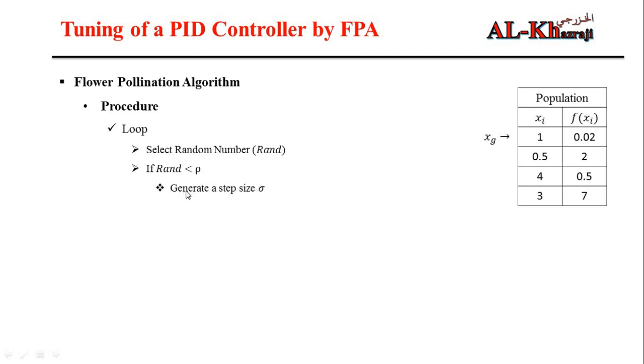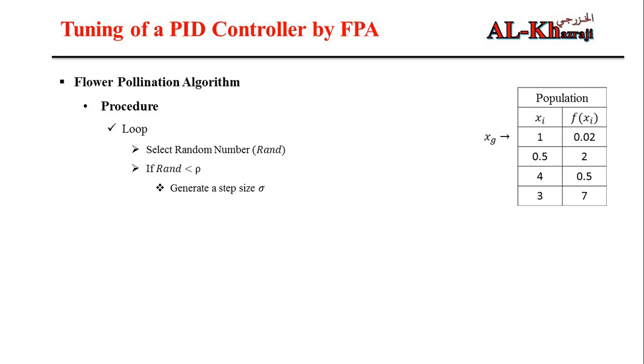So we need to decide the step size, which is how much we jump from our current stage to the xg, the best solution we found. Now you could use any strategy to decide the step size. For example, you can generate it by random value, you could generate it by the Levy flight distribution, Gaussian distribution.